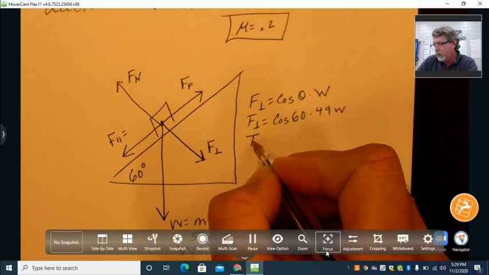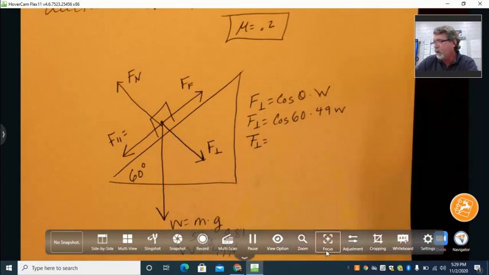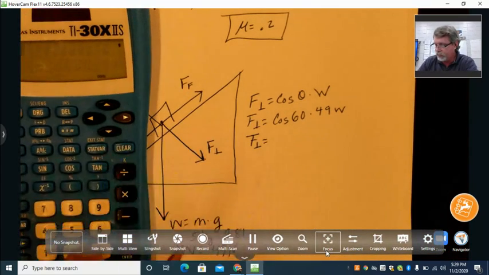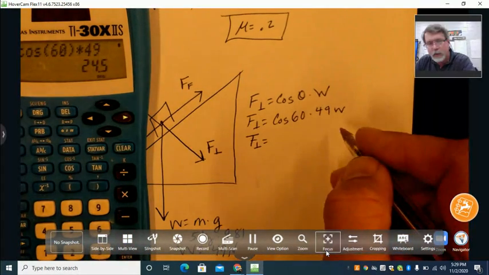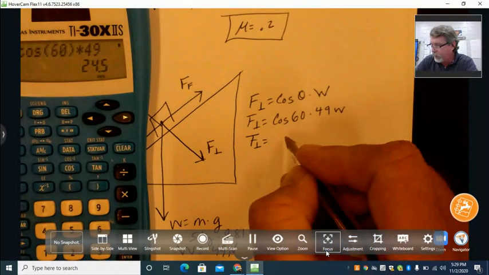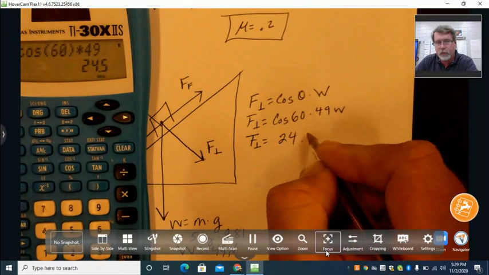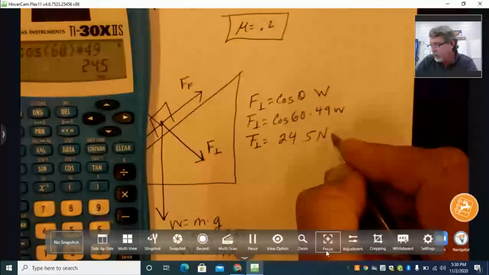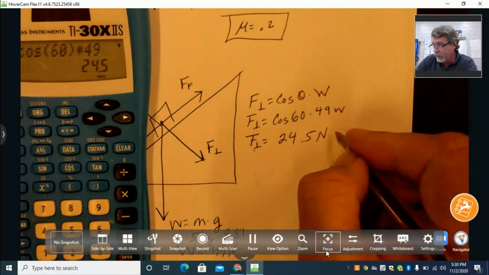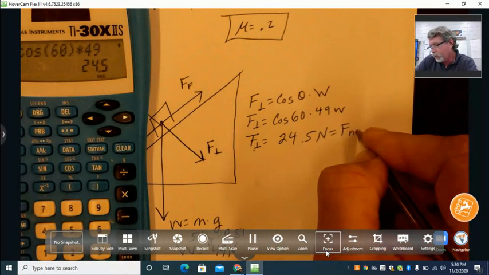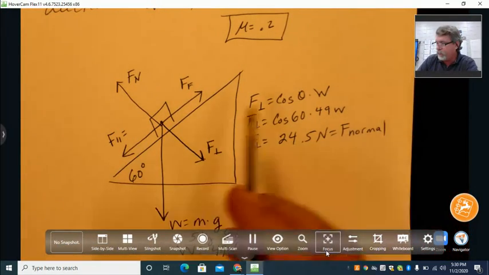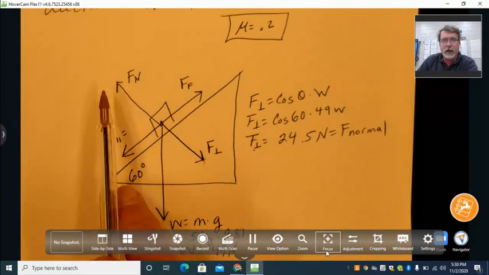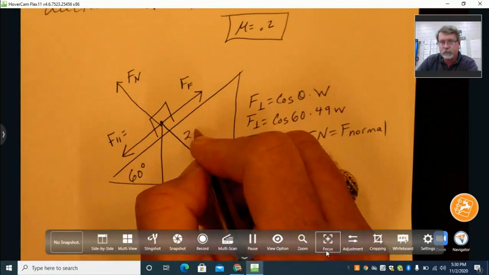So cosine 60 times 49, and we get 24.5 newtons. Now the force perpendicular is going to be equal to the force normal. So we got force perpendicular, and now we know force normal.